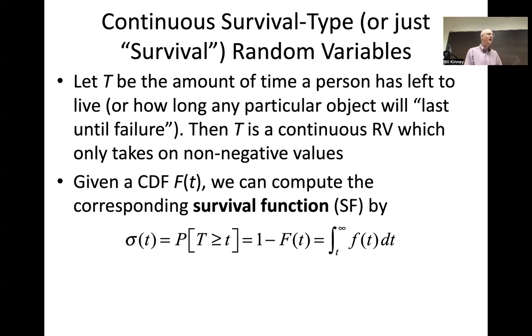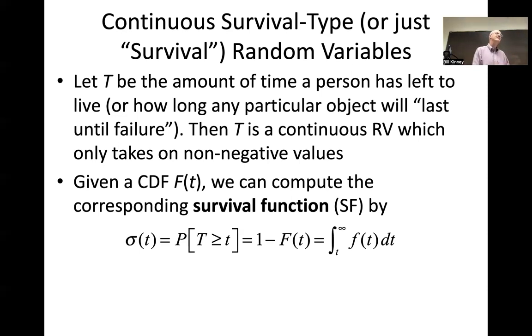The CDF would represent the probability that you live less than t years, that you die before you reach age little t. But the survival function would be the probability that you survive until at least little t, right? Think of little t as a specific number like 50 or something. This is the probability that a newborn baby, say, lives at least 50 years. Hey, it's a positive way of thinking about it. Makes us happy. That's one reason for talking about the survival function instead of the CDF.